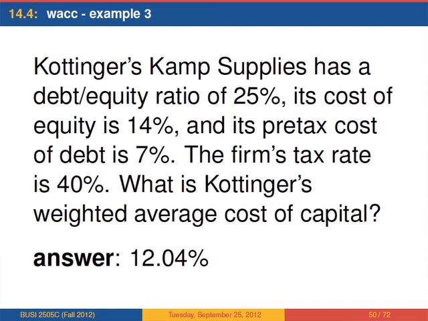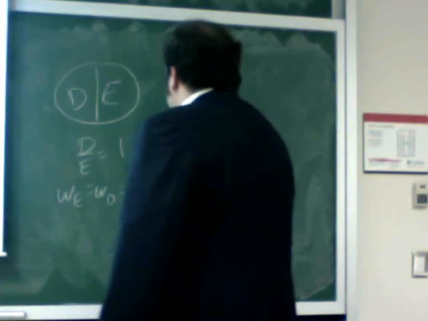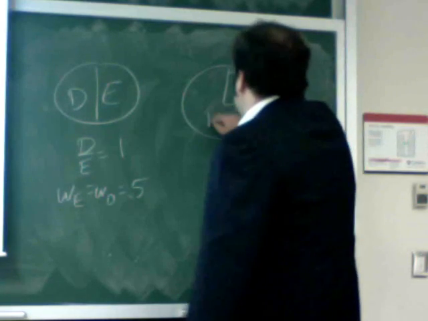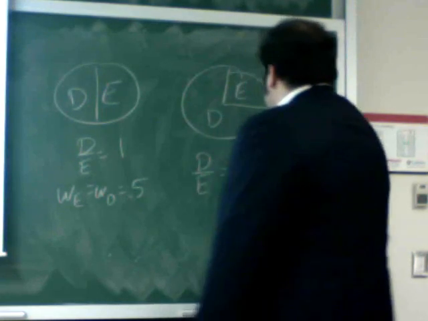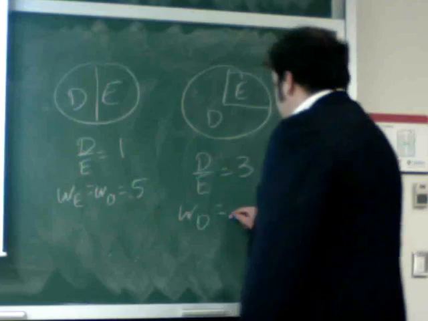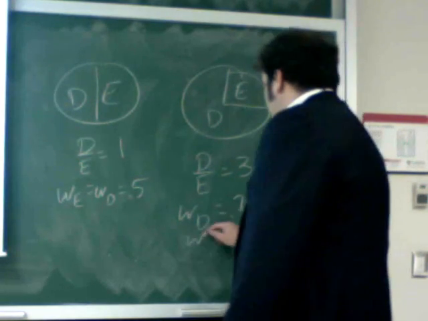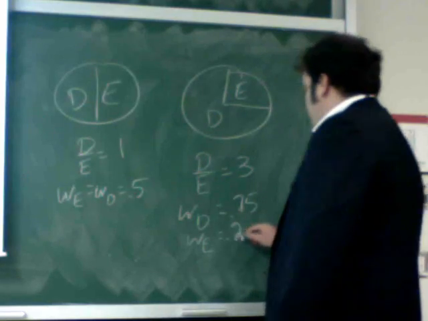If you have a debt to equity ratio of 3, then you have 3 parts debt to 1 part equity, meaning the weight of debt is 75% and the weight of equity is 25%.